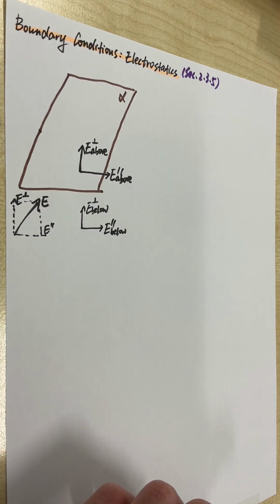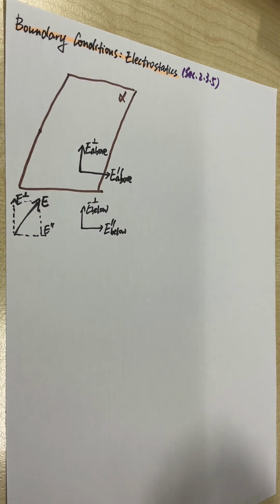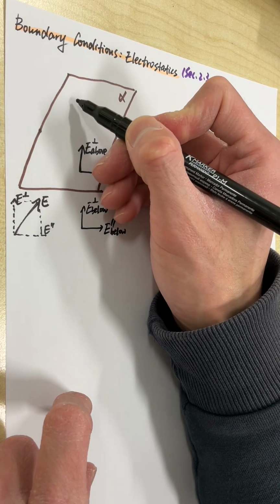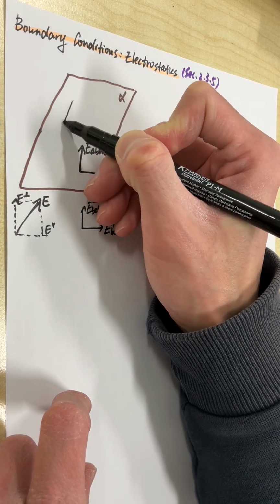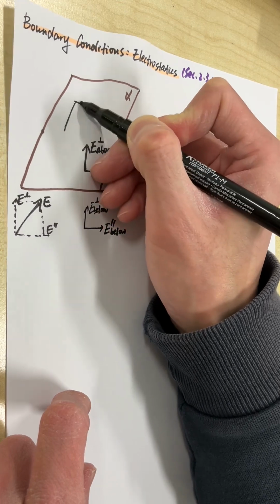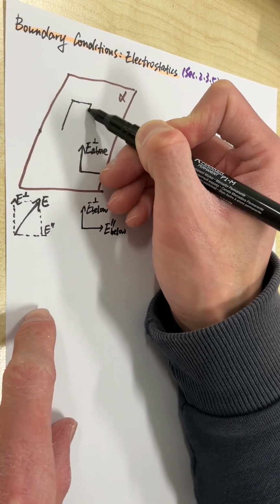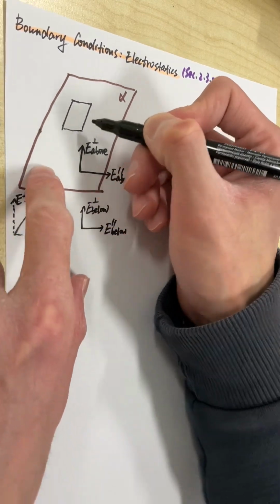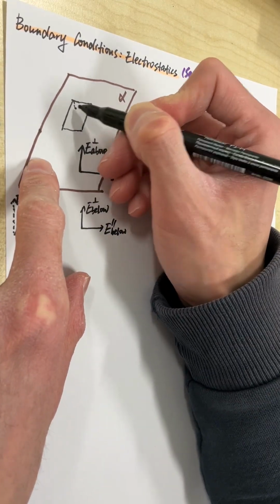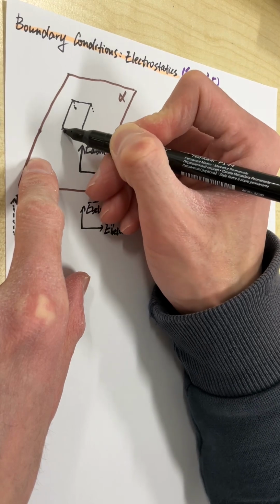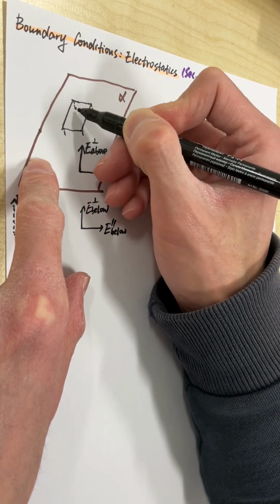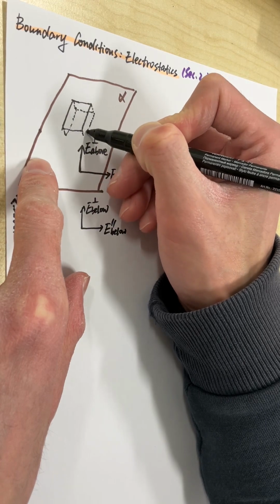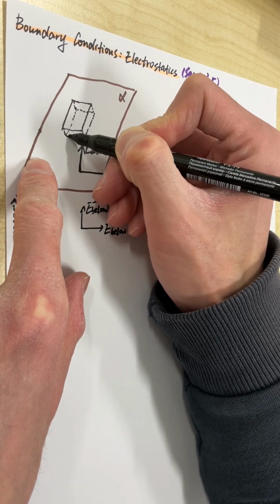We still need to observe from a Gaussian pillbox. So we have a pillbox that has area A but infinitesimally small thickness. So the pillbox will be crossing this area.